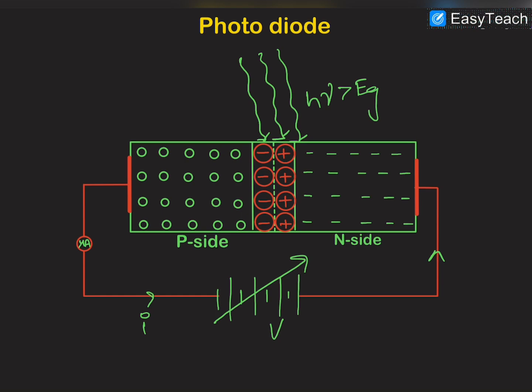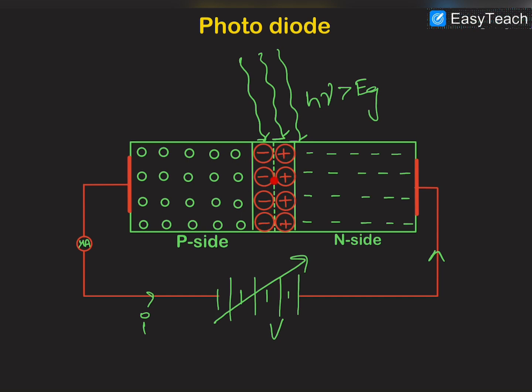So we should always remember that the photons which are made to fall on the depletion region of this diode should have an energy which is greater than 1.1 eV. Then only will electron hole pairs be formed in the depletion region.